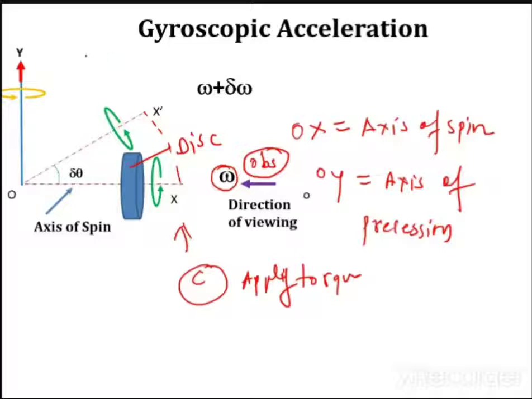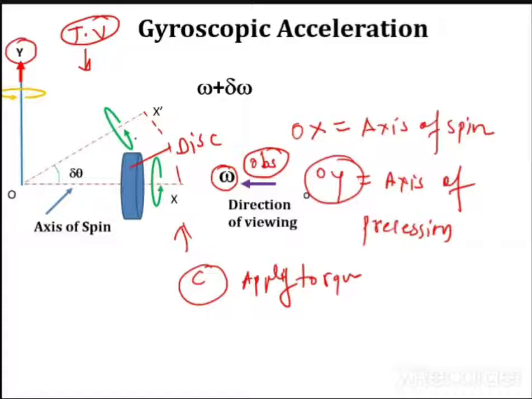Now if you look from the top view, you will find that this axis OX is turning about this axis OY, right? And this axis is called the axis of precession. So what is the axis of precession?